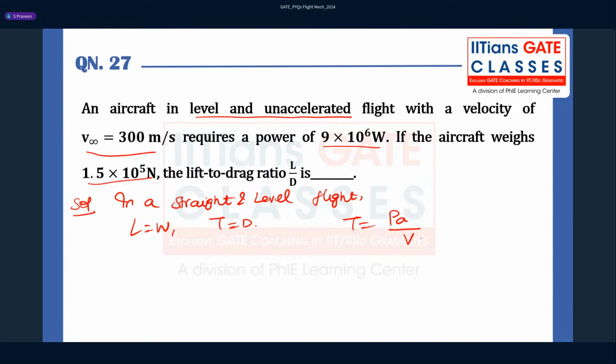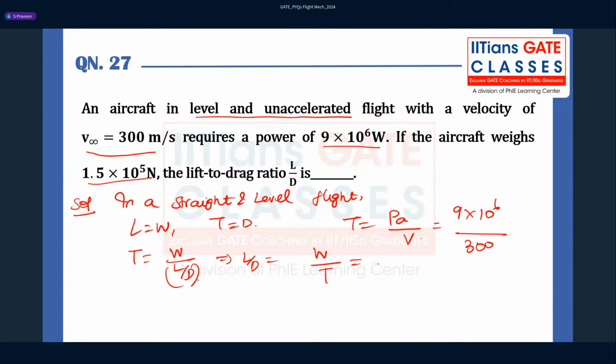If I simplify this, I can write thrust is equal to weight by L by D, right? Which means the thrust is 9 into 10 power 6 divided by velocity, which is 300. If I substitute that, L by D is equal to weight by thrust.